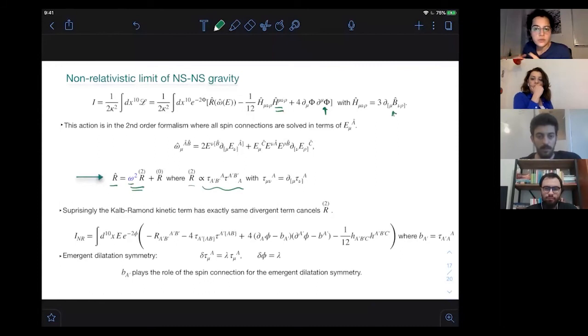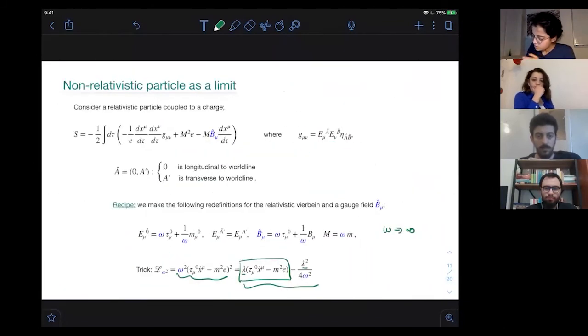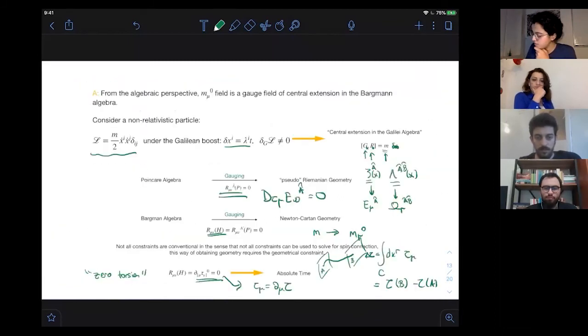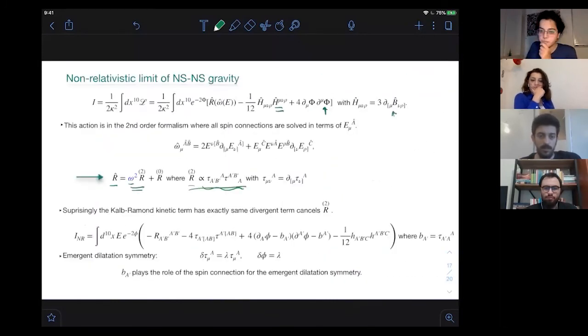This shouldn't be surprising because in the expansion, the only positive power expansion is in tau. So if you just go back to the expansion, the only field that goes by omega is tau. So it's not surprising that we get some tau square term in the divergent part.